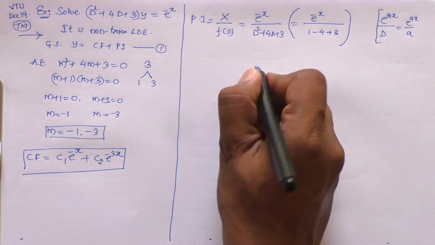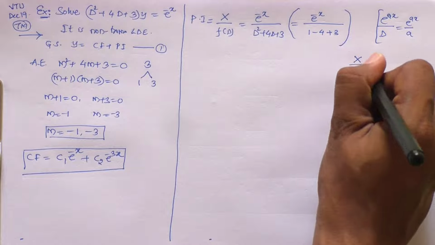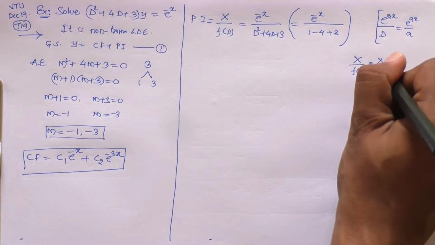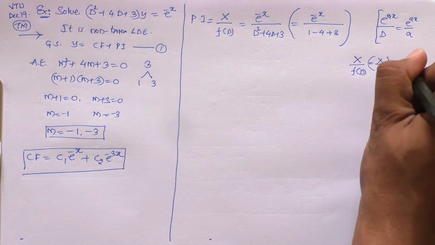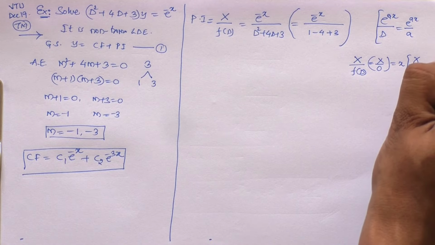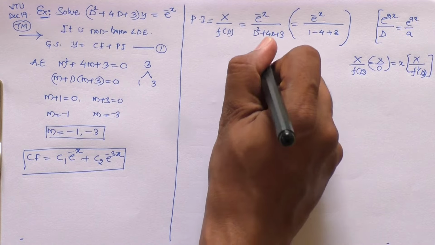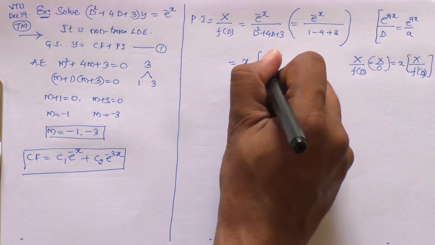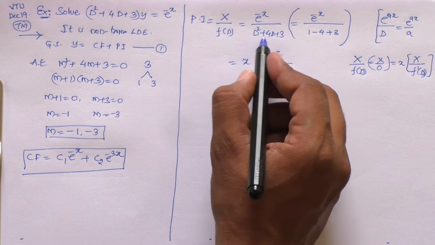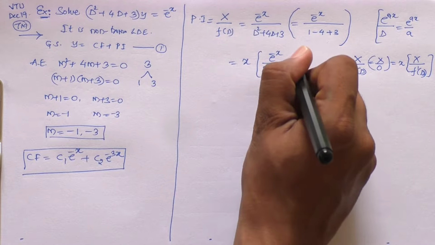In case of indeterminate form, whenever X by f of D takes the form X by 0, it can be written as x into X by f dash of D. So it can be written as x into e raised to minus x divided by the denominator f dash of D, which means differentiate with respect to D. So D square gives 2D, plus 4D gives 4.